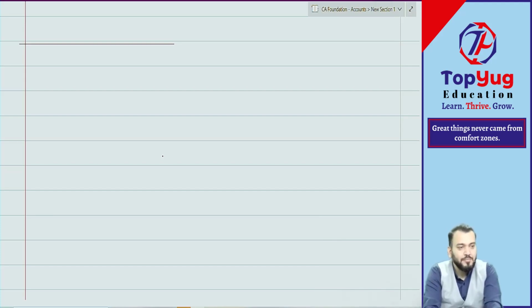Before we start, what do you think? Which one is easier, traditional approach or modern approach? One is saying traditional, apart from that everyone is saying modern.